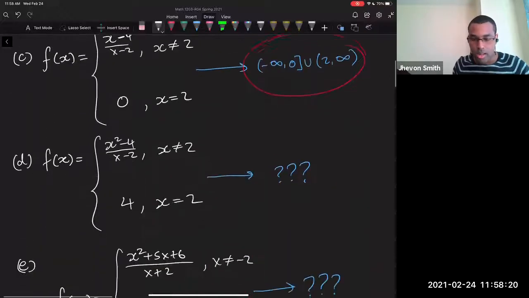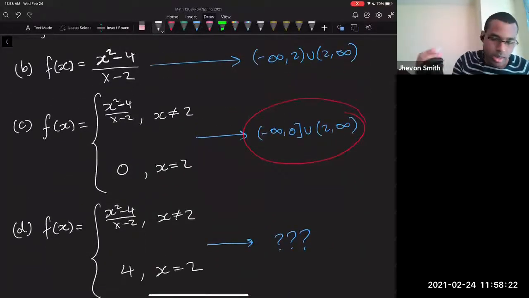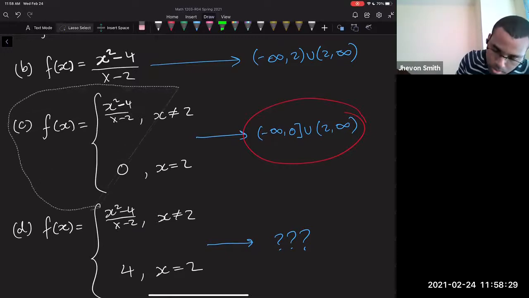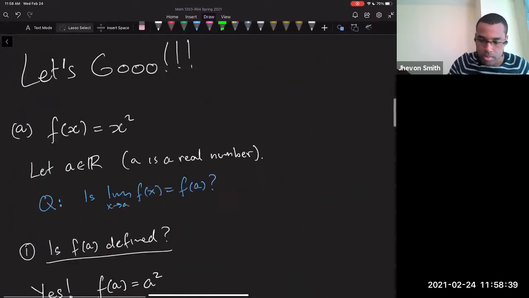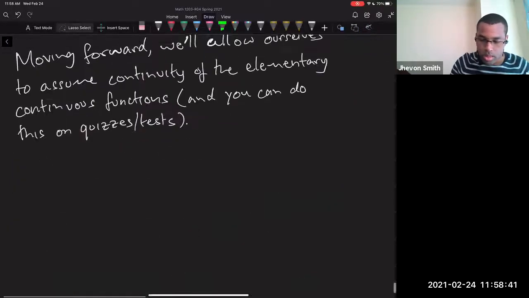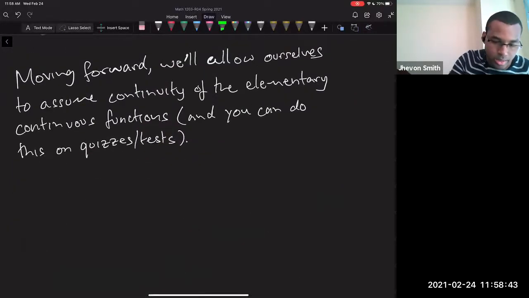So here is more of what a typical example might look like. The examples on a test might be slightly harder.